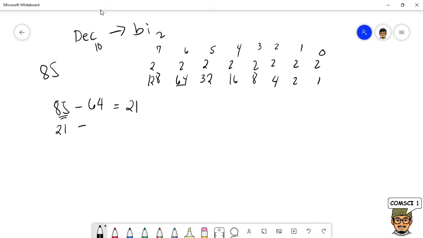So we use 16. We get 5. We use 5 again, subtracted by 4. We get 1. And we use 1, subtract it from 1, we get 0.